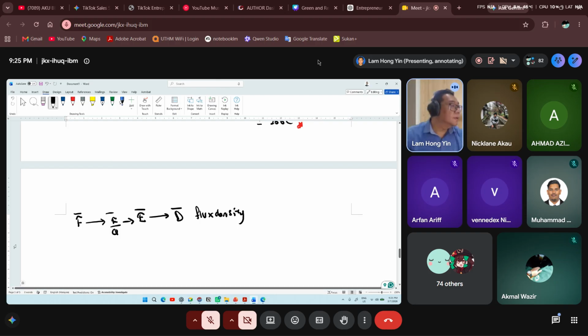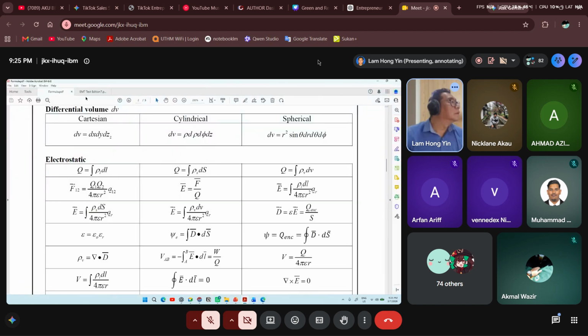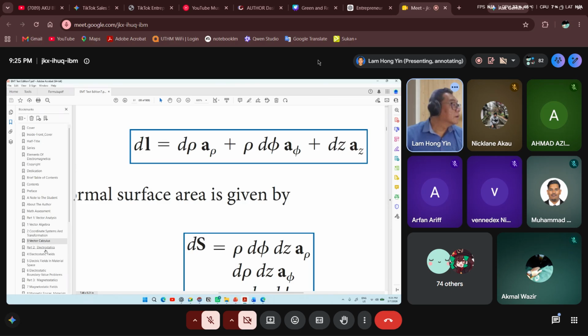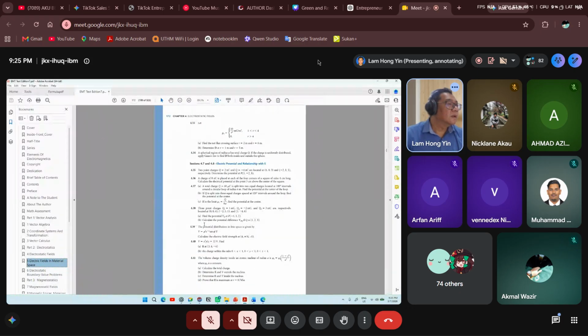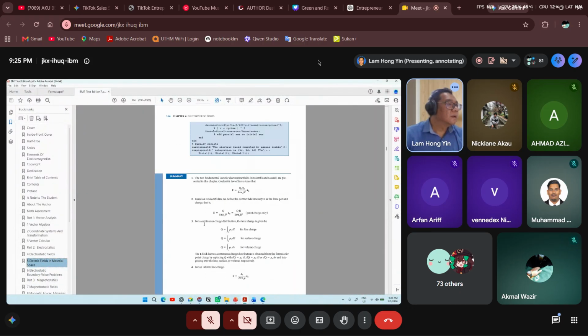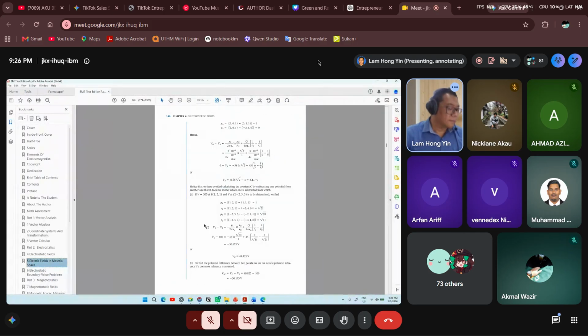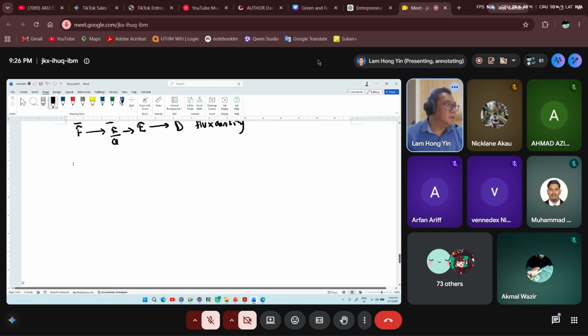Square plate. Okay, so we'll try one example.